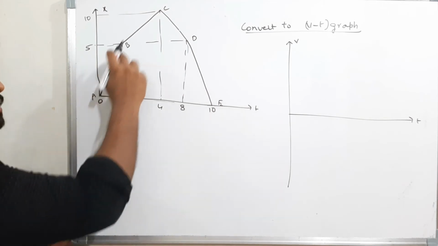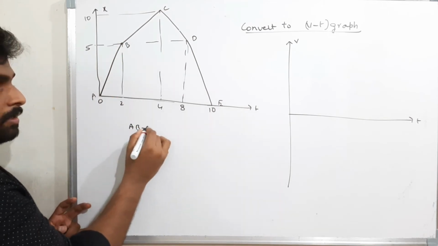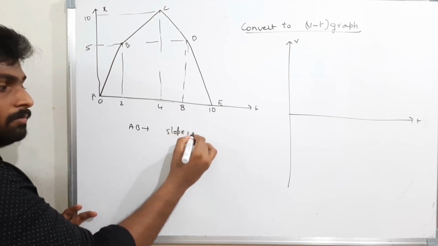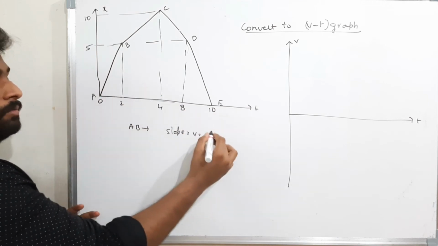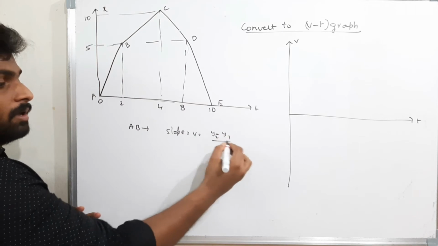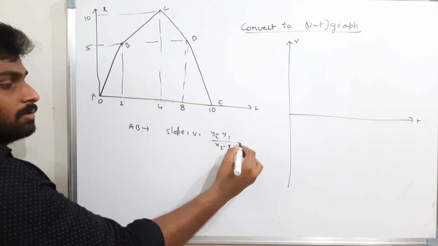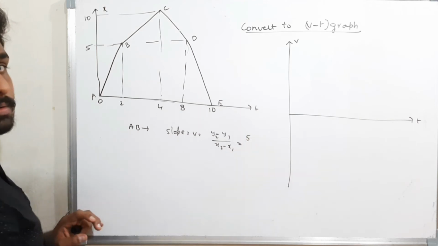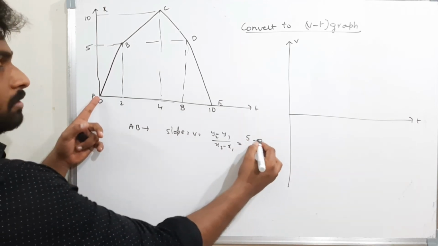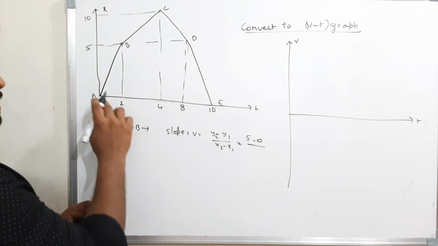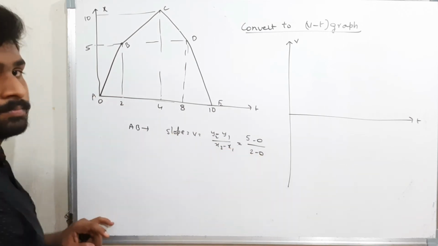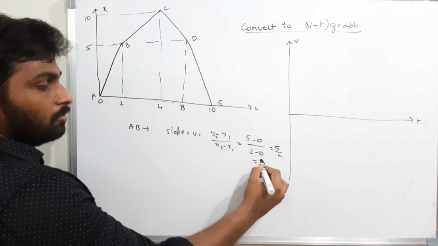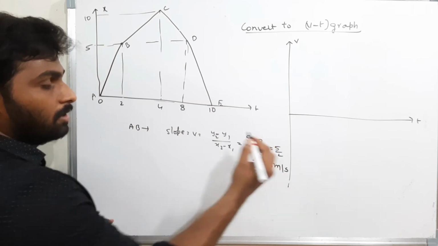And for line AB, what is the slope? The slope is nothing but velocity. What is velocity? y2 minus y1 by x2 minus x1. That is 5 minus 0 by 2 minus 0, which is 5 by 2, that is 2.5 meter per second.